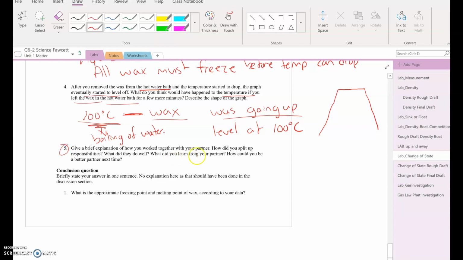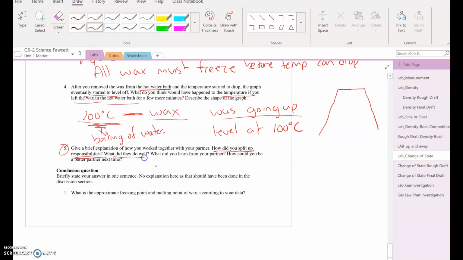The last question is kind of up to you, but it's important that you go into detail. So you want to talk about, you worked as a group of 3 here. How did you divide up the responsibilities? Who was in charge of using Logger Pro? Who was in charge of recording observations? Did you divide those responsibilities evenly, or did someone do more of one section?